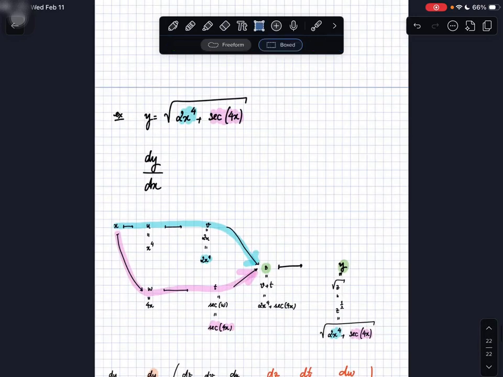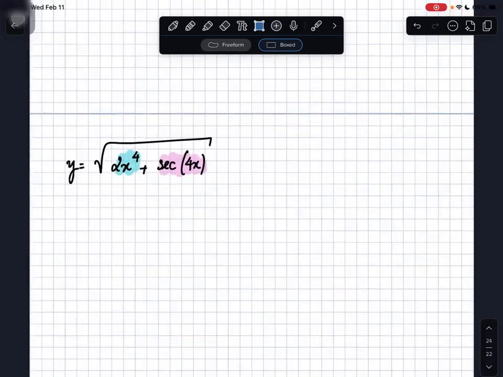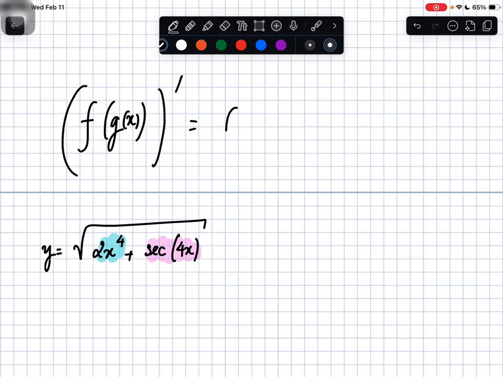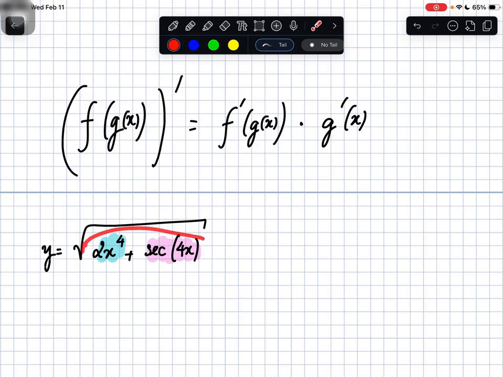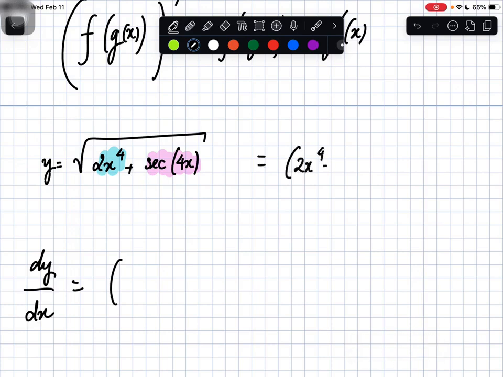Now, when you're comfortable with chain rule, just apply this and write directly. Use this formula: f of g of x prime is f prime of g of x times g prime of x. So we think of this as g of x, and f is just the square root function. dy over dx will be: the one inside is 2x to the 4 secant 4x to the power 1/2.